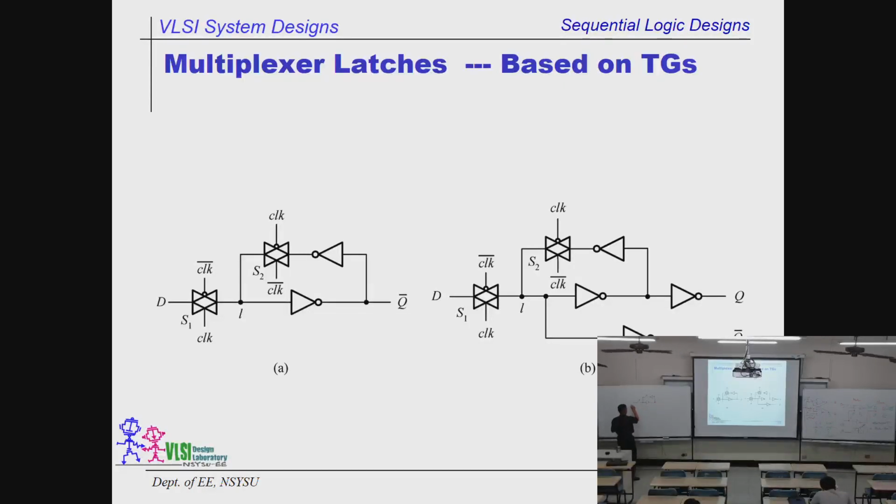Okay, and this is D, and this is Q bar. If you call it Q, that's fine. Okay, the important thing is that the control of these two switches, they are out of phase. The first one is clock, and the second one is clock bar.